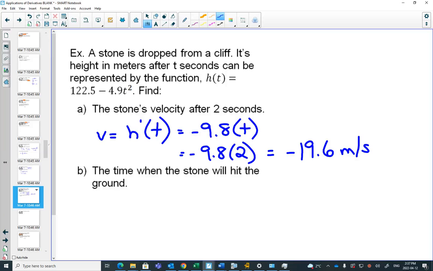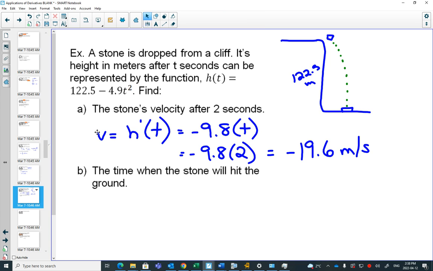If you dropped it off from the cliff, there's your stone, blue square stone, because that's very accurate, is dropped off from the cliff, its height is going to be, when time is 0, does it make sense that the height of this cliff is 122.5 meters? It got a little smushed. It then lands on the ground.